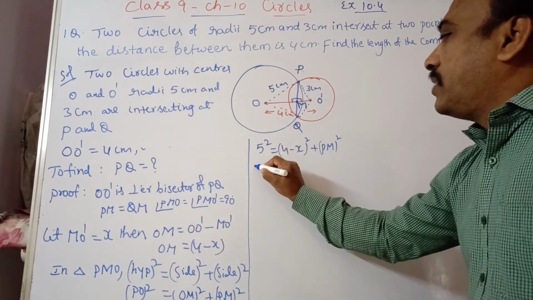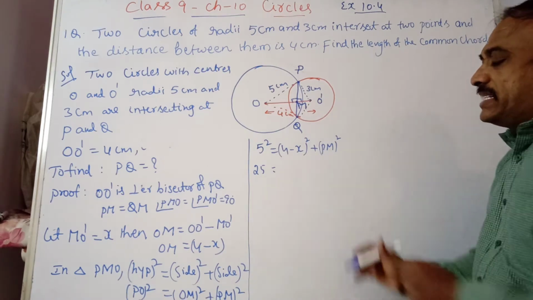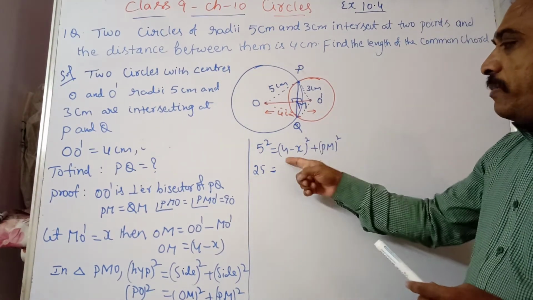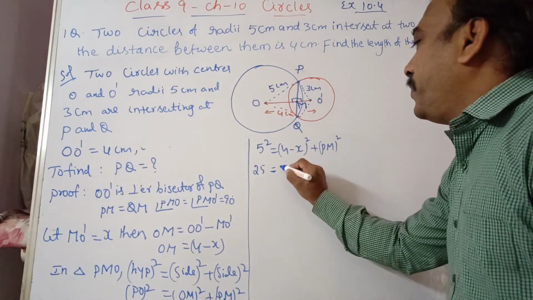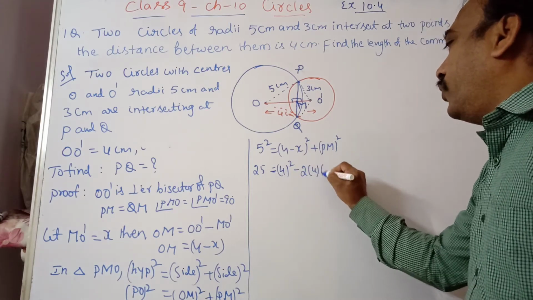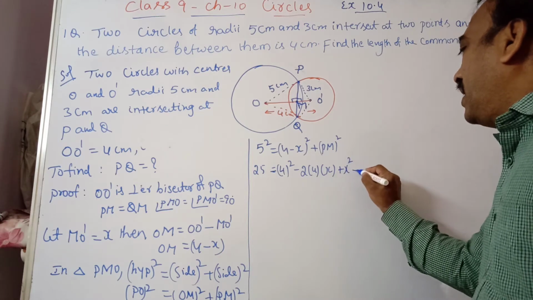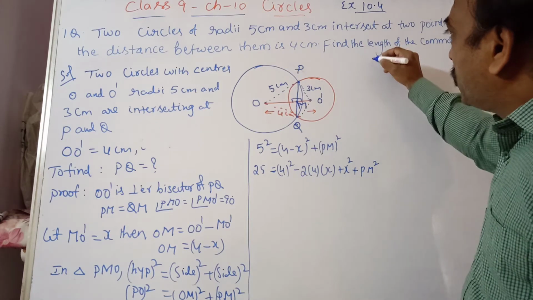Now 5 square is 25. 4 minus x is in the form of (a minus b) whole square, so a square, 4 square, minus 2ab, 2 into 4 into x, plus b square, x square, plus PM square.